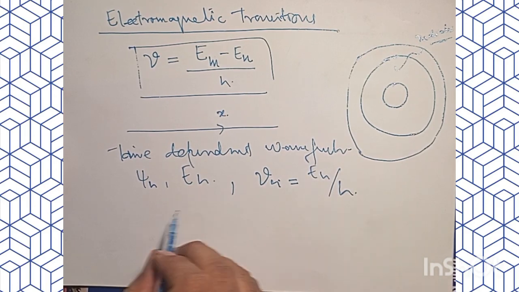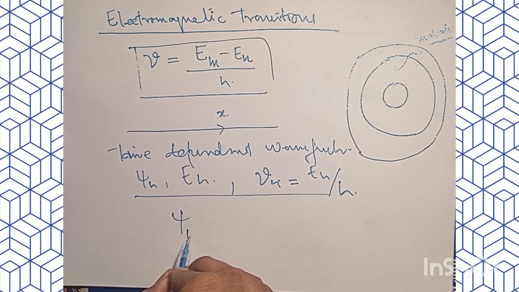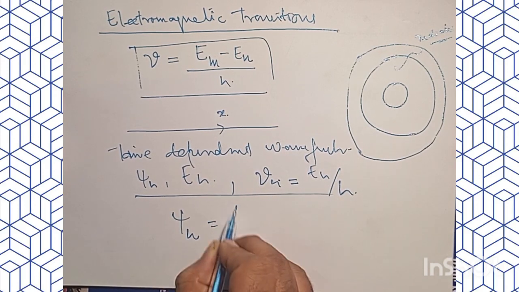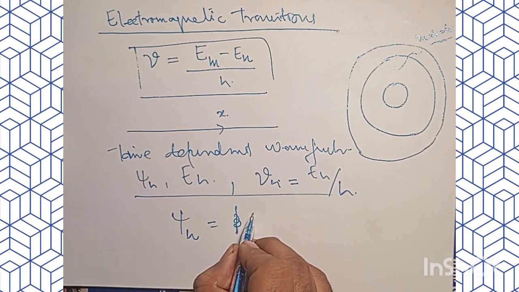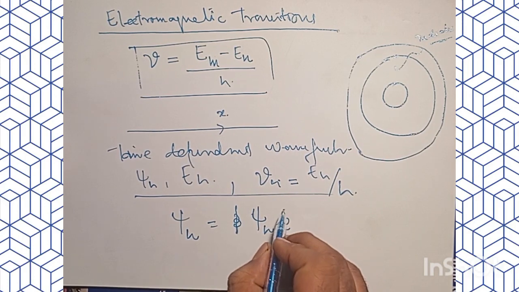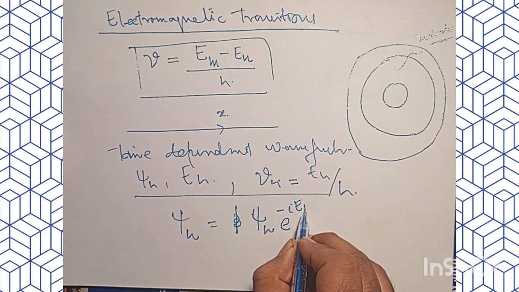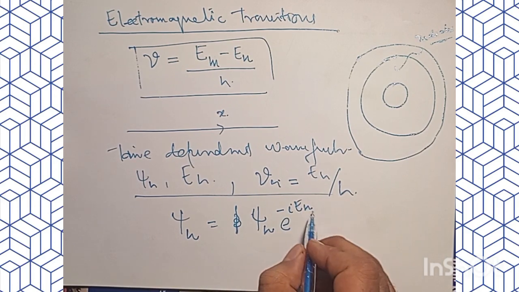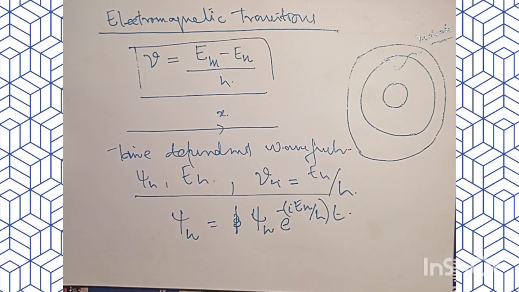Taking this into account, I can write the wave function for this state as psi n equals phi n e to the power of minus i En by h times t.